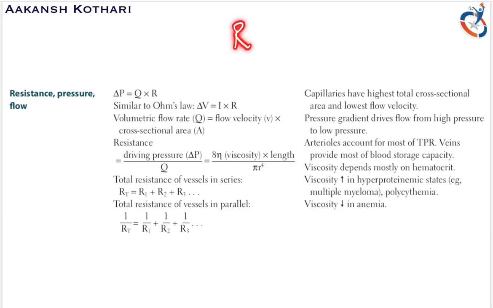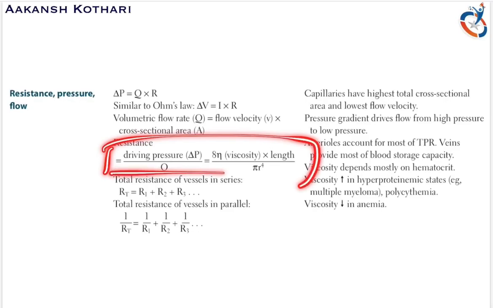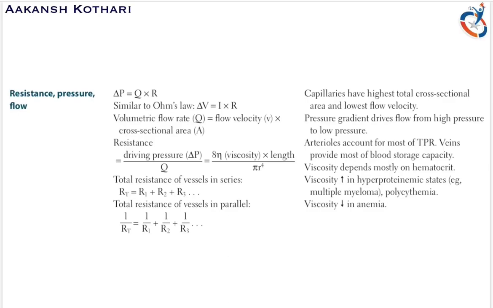We know resistance can also be written as delta P by Q by this equation, correct? And hence it is equivalent. Am I clear? Now let's talk about the biology aspect of it.